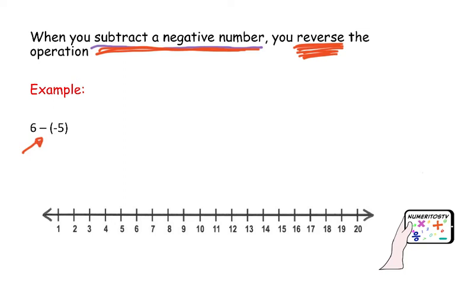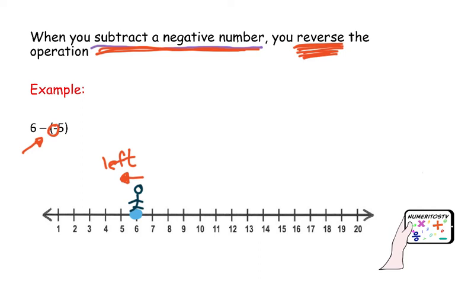If you want to do this on the number line, that means that you need to start on positive 6. So 6, that means that you start here, and then you see minus, so that minus tells you to turn around facing the left, but then you see negative 5.